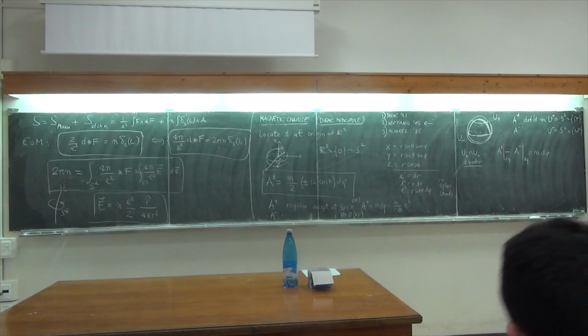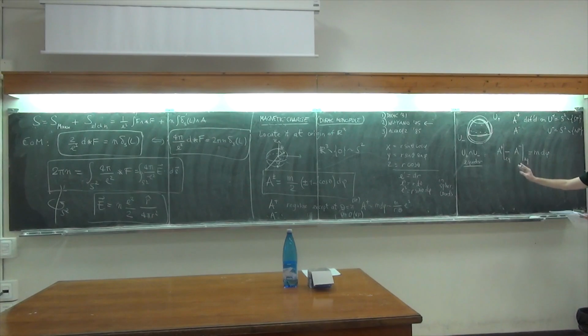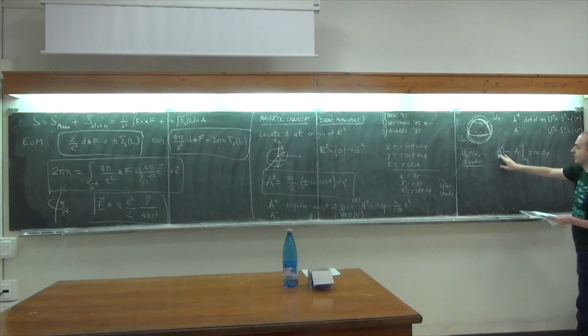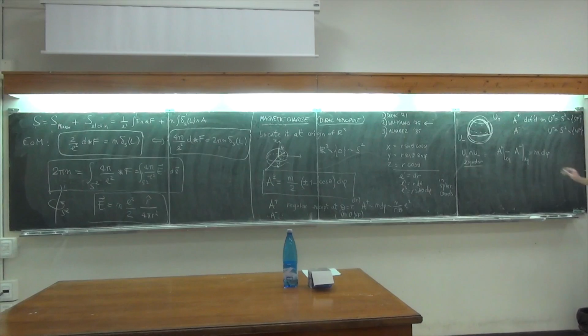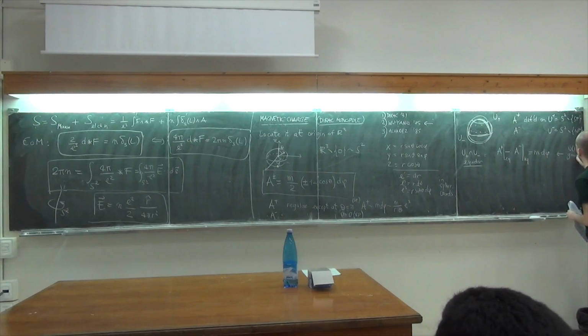And we want this relation, which expresses the gauge field potential in the north patch in terms of the gauge field potential on the south patch at the equator, to be a gauge transformation. So this must be a U1 gauge transformation.